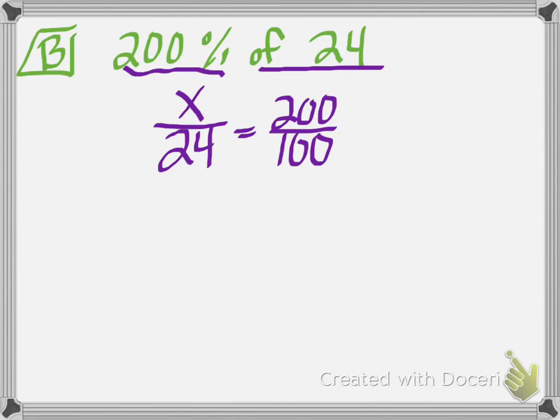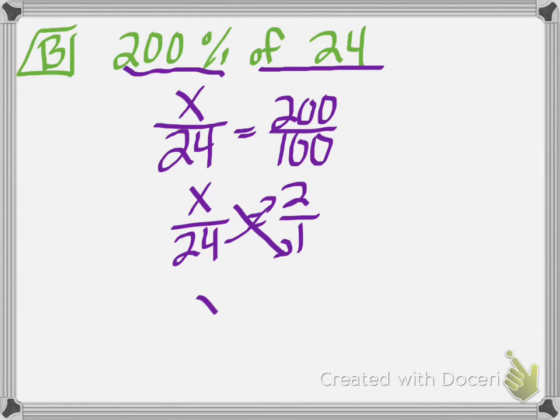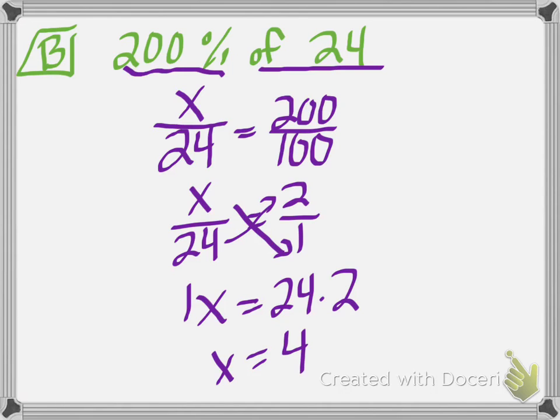Now this time I could also leave it and not simplify this part, or I could, because 200 divided by 100 is just 2, or 2 over 1. Again, there are those zeros that can cross out. So this time I'm going to simplify it. X over 24 equals 2 over 1. If I cross product, I get 1x equals 24 times 2. That means x equals 48.